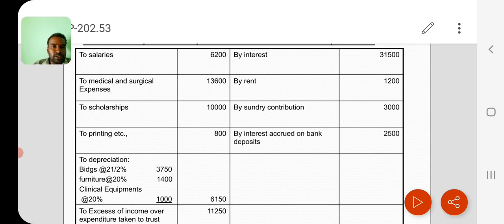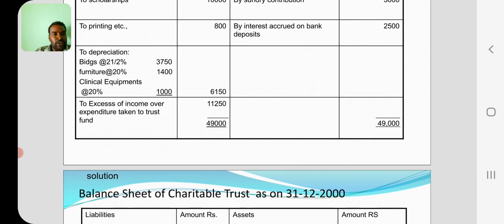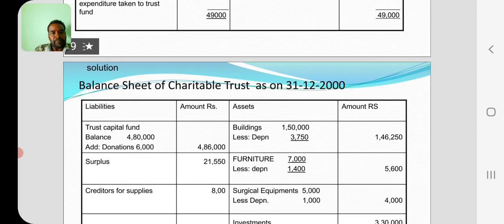Next, by rent, 1,200. Sundry contribution as a revenue item, posted on the credit side, that is the income side, 3,000. By interest accrued on bank deposits, income posted 2,500. Then excess of income over expenditure, which is the surplus, 11,250. Total is 49,000.